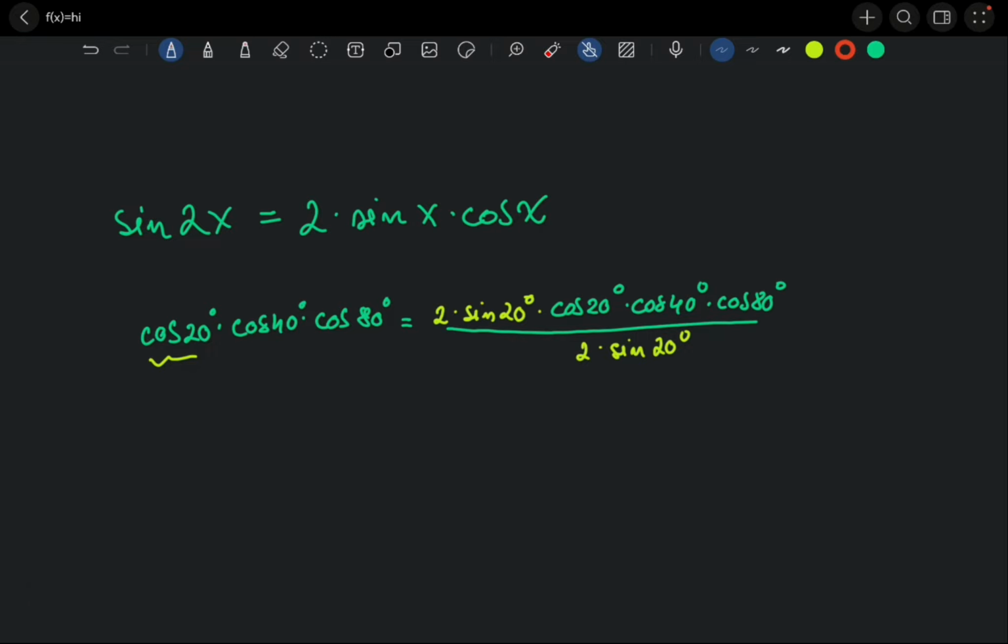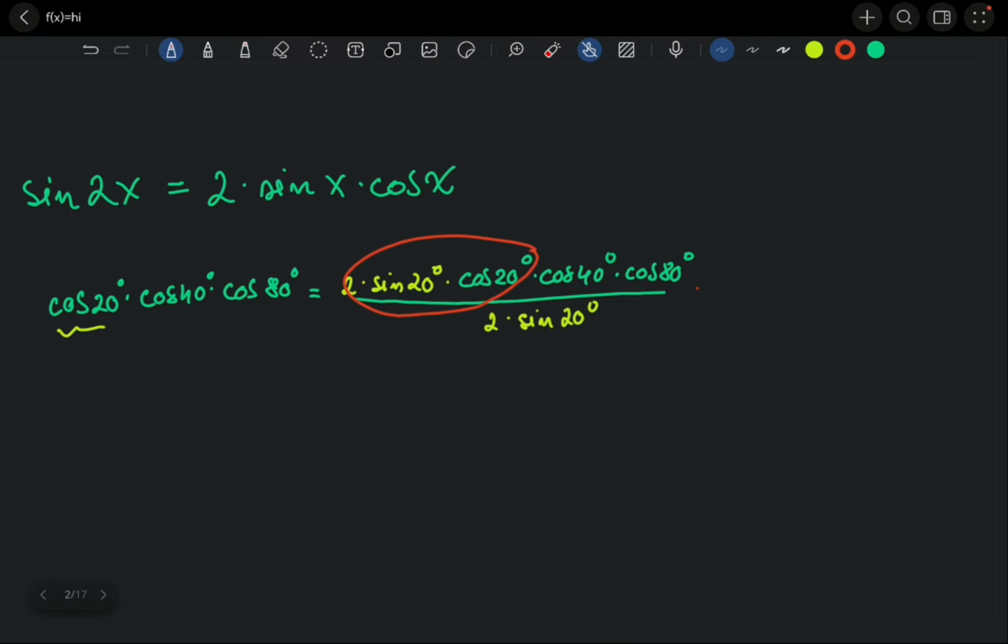Now, the first two terms by the double angle formula give us sine of 40 degrees. So we get sine of 40 degrees times cosine of 40 degrees times cosine of 80 degrees all over 2 times sine of 20 degrees.